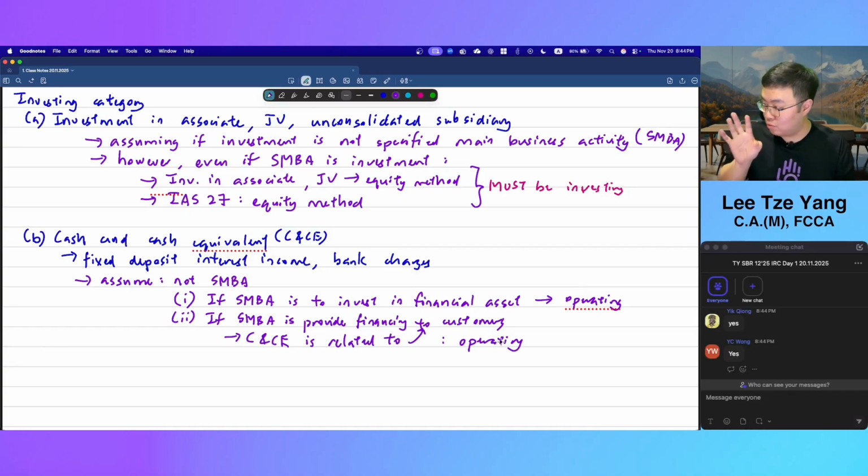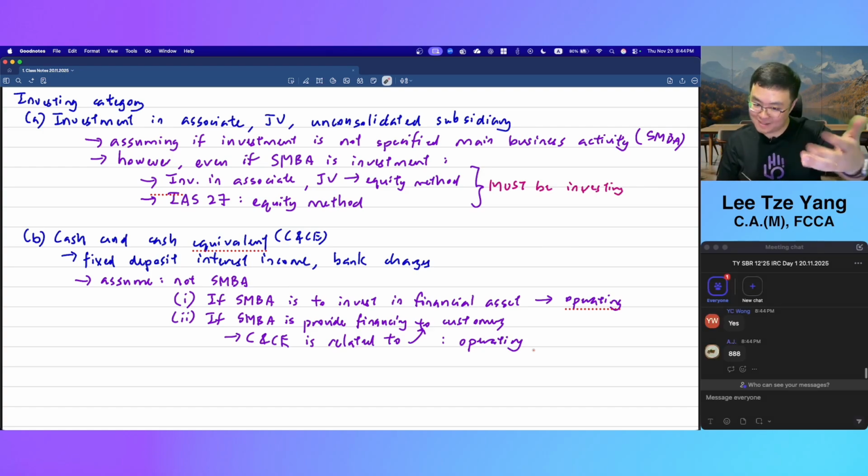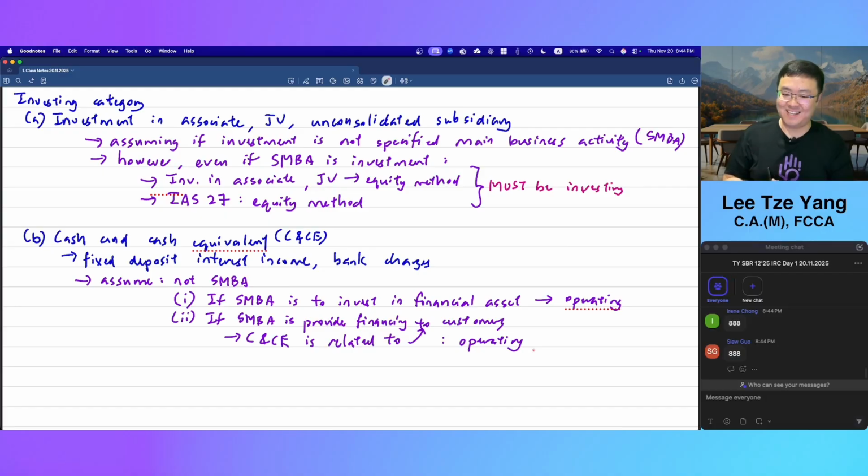You are not allowed to spend the money to invest elsewhere. It must be liquid cash. Then the bank asks, can I put it in a fixed deposit for interest? Can. That interest income is related to your business, that's why operating. Makes sense or not, everyone? I don't think SBR will ask you like this, but it's just for understanding purposes. If it's related to this, operating.